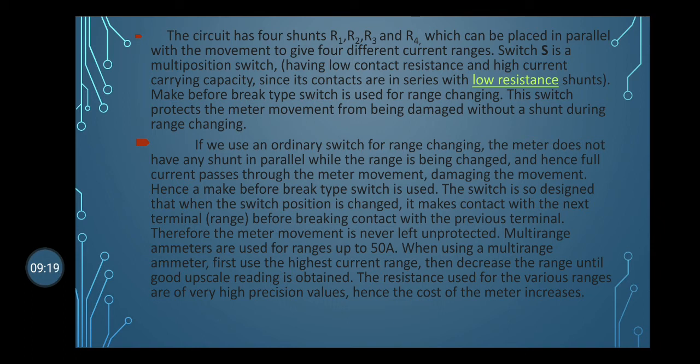If we use an ordinary switch, when it breaks the last resistance, there will be no shunt resistance, so it may damage the DC ammeter. So we have to use the make before break type switch in the multi-range ammeter.